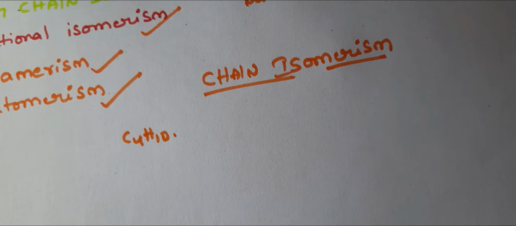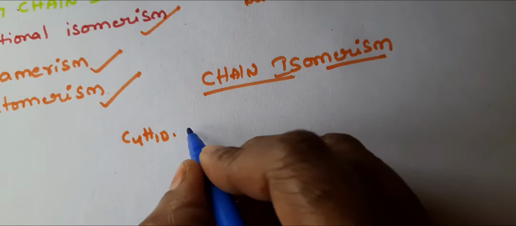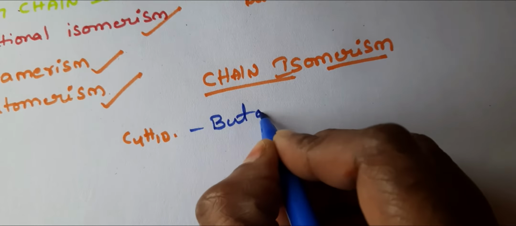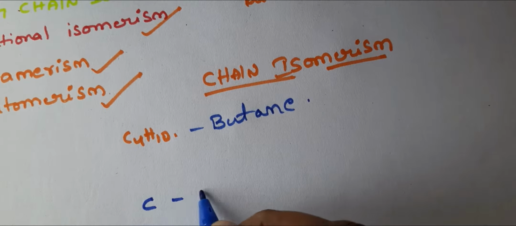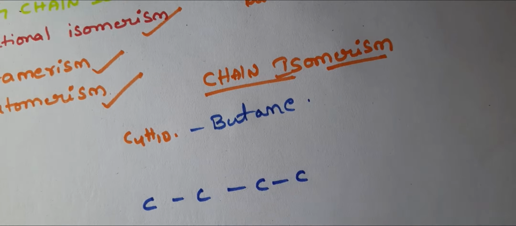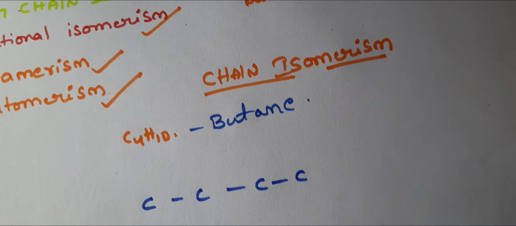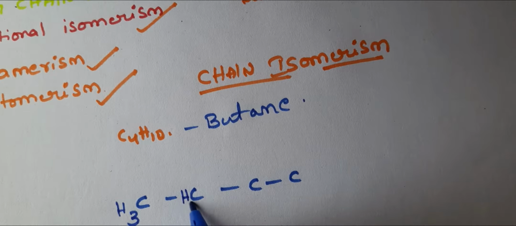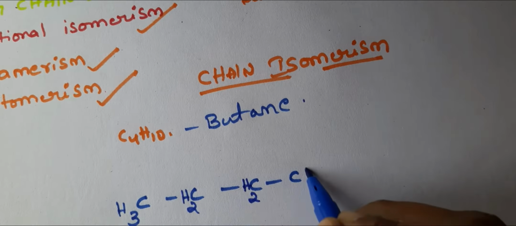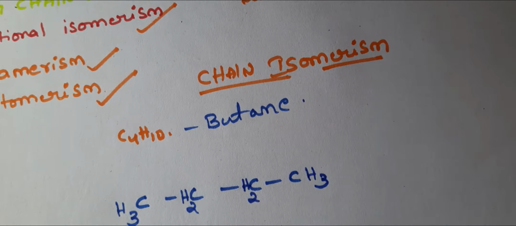It is butane, isn't it? So how do we arrange it? We have 4 carbons. I have taken 4 carbons in a straight chain: CH3, CH2, CH2 and CH3. This is butane.